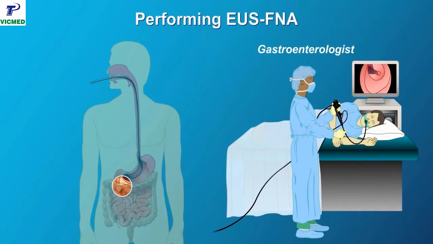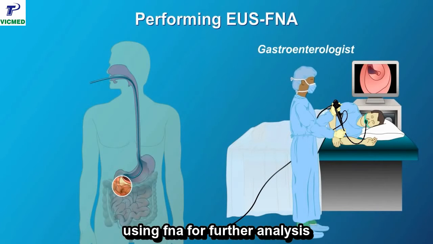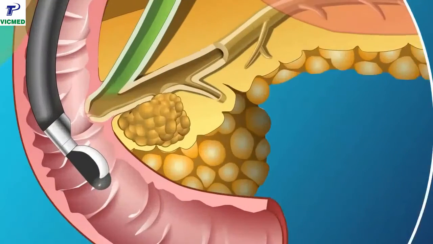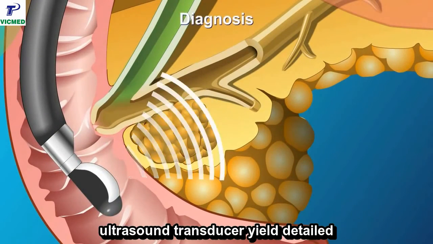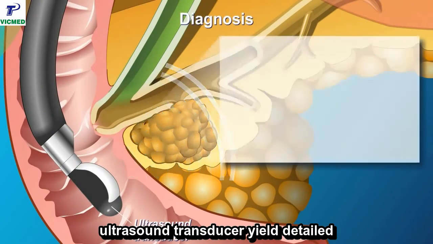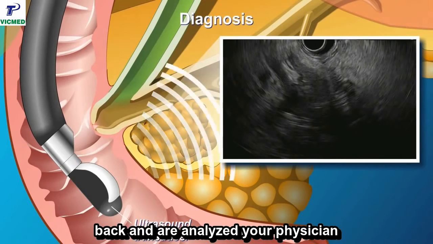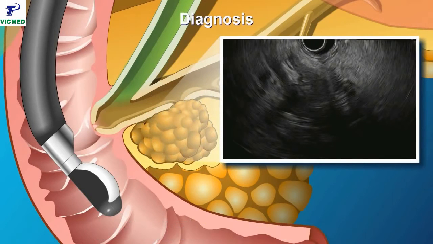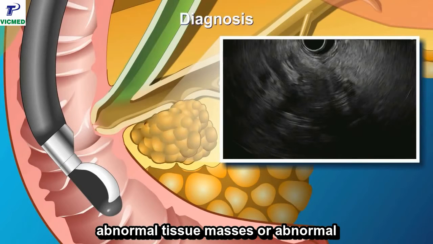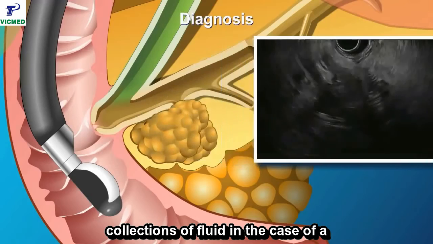When indicated, samples are obtained using FNA for further analysis. The sound waves emitted from the ultrasound transducer yield detailed images when these sound waves bounce back and are analyzed. Your physician interprets these images to locate abnormal tissue masses or abnormal collections of fluid.